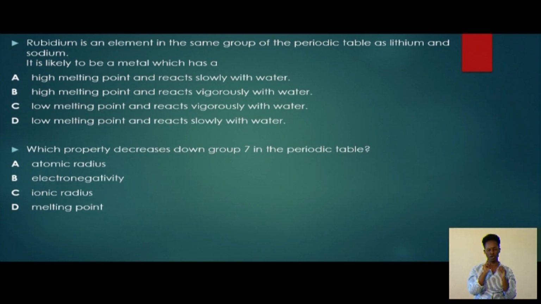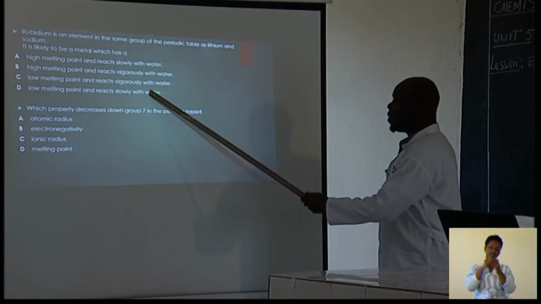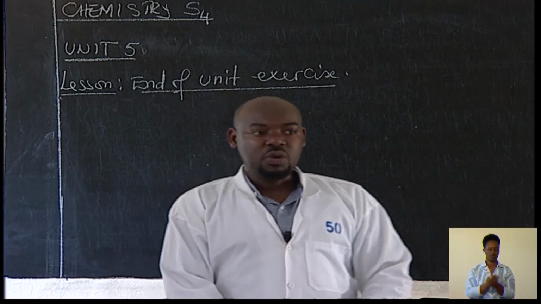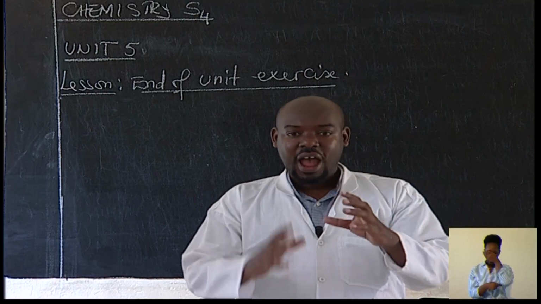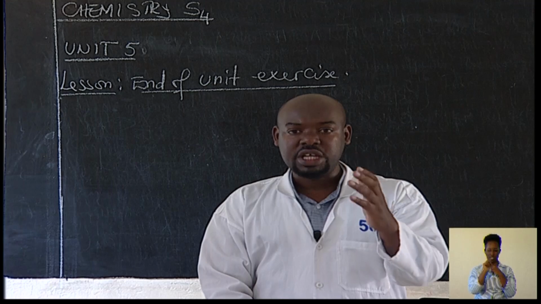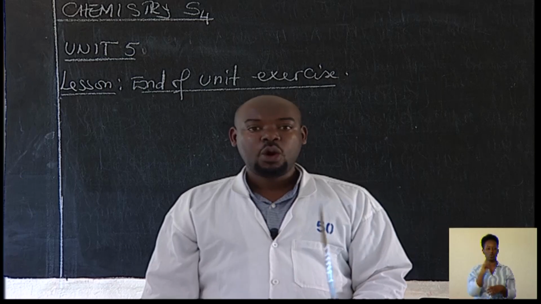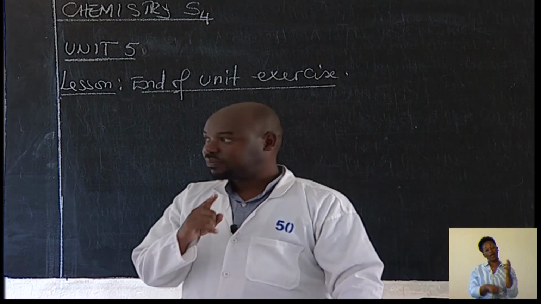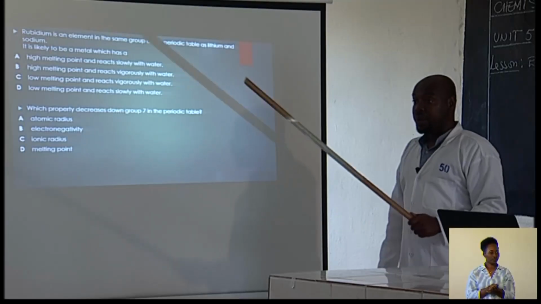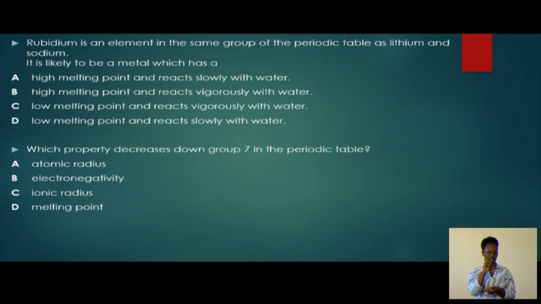We know that. And after the melting point, what happens with the reaction? As we move down the group, ionization energy decreases. So it is easier for rubidium to lose the electron than either sodium or lithium. So rubidium will react more vigorously than either sodium or lithium.